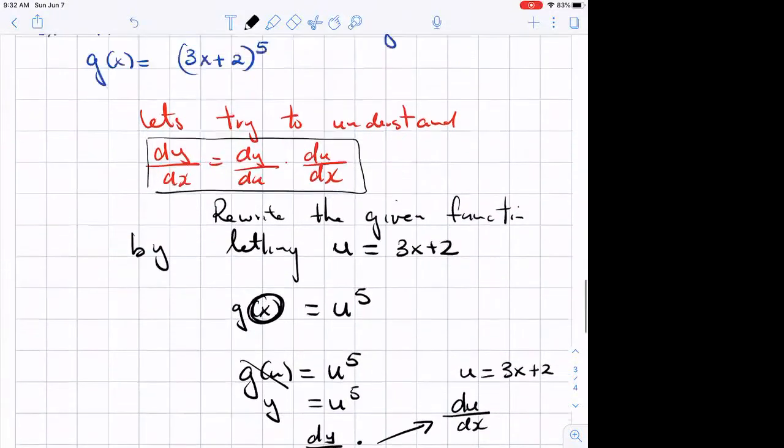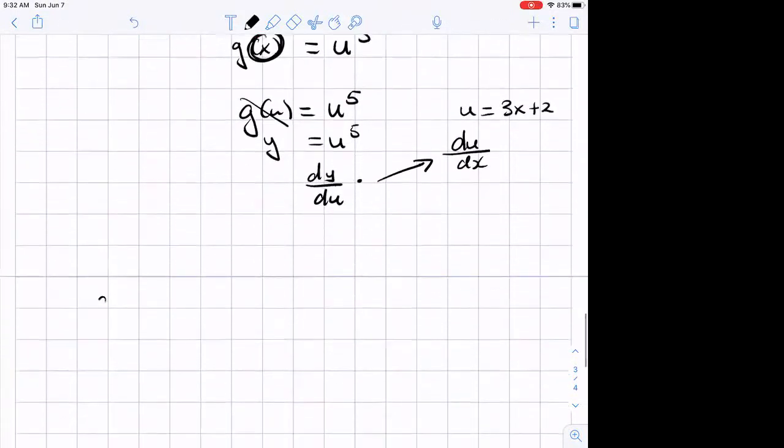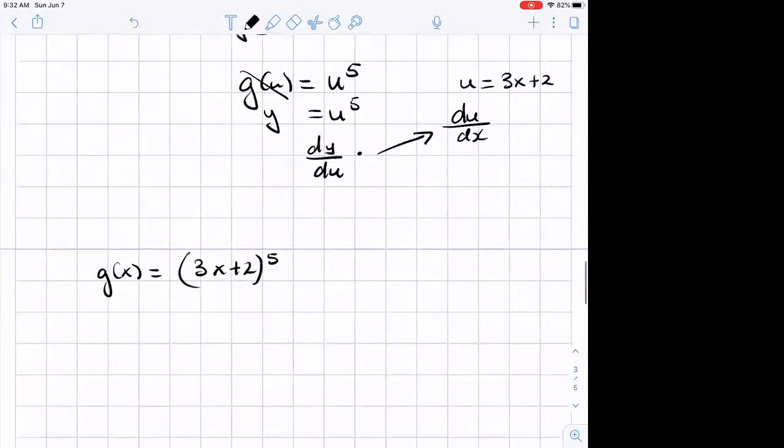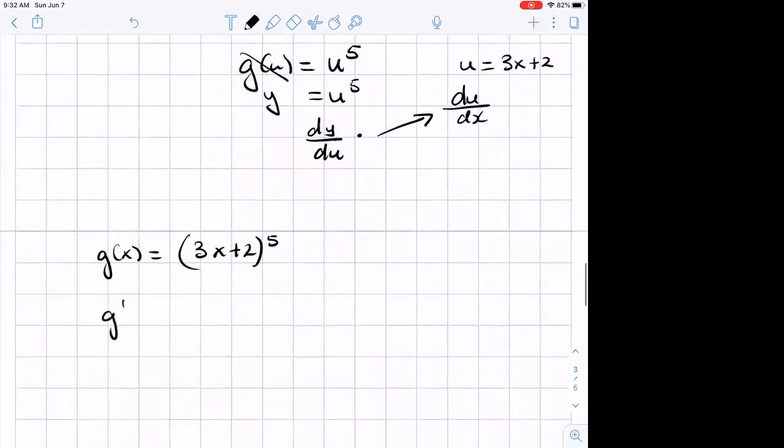Okay. We overlook this by saying, okay, why not just let g of x equal (3x plus 2) to the fifth? Let's use what we call the power rule. So g prime of x is equal to 5 times (3x plus 2) to the 5 minus 1.